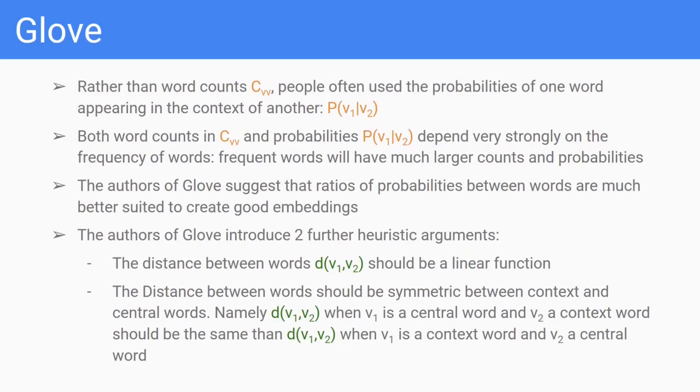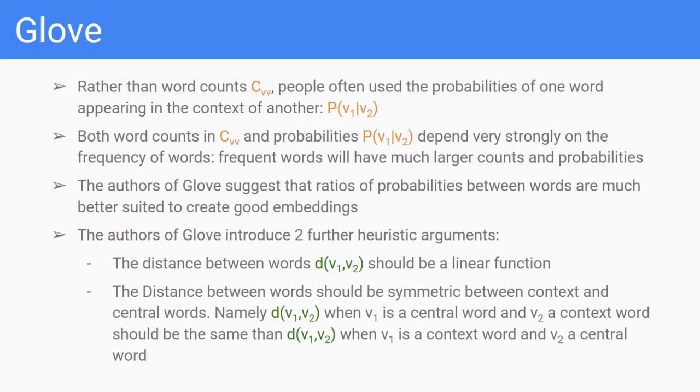So what they were proposing is, rather than capturing the meaning of a word with the absolute number of counts, what seems to be more stable, more consistent, is the ratio of the word counts when we fix a given central word.